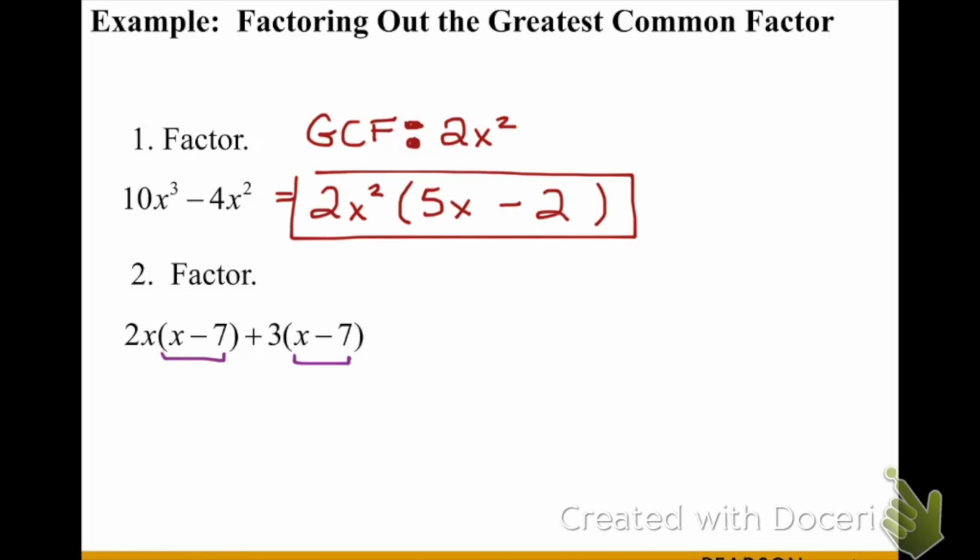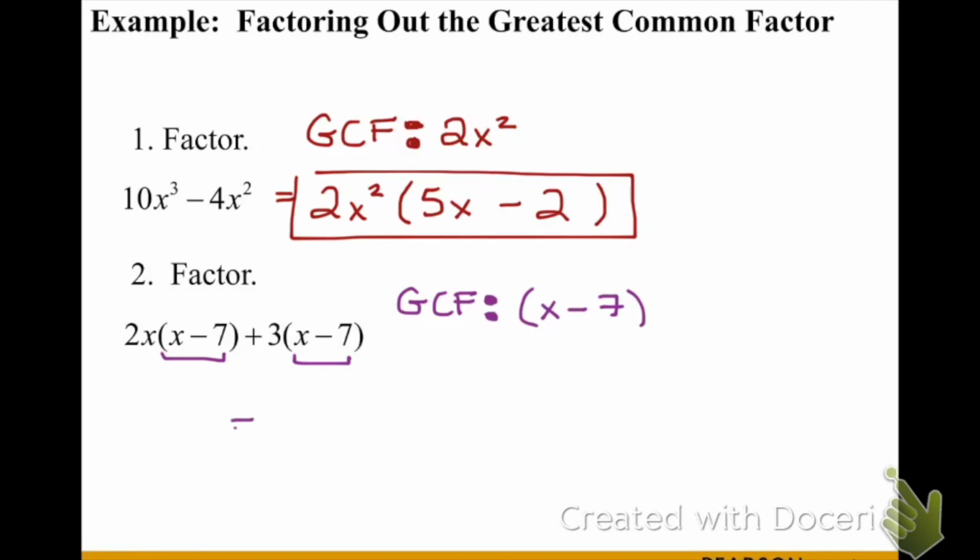In the second one here, we still only have two terms, the 2x times x minus 7 and the 3 times x minus 7. It is possible for the GCF to be a binomial as such, in this case, the x minus 7. And so what we're going to do here is take an x minus 7 out of both terms.